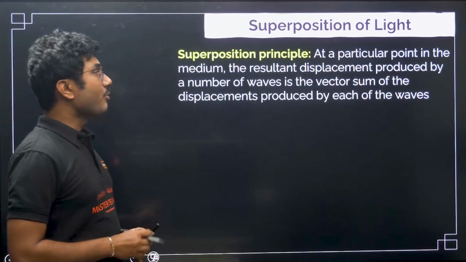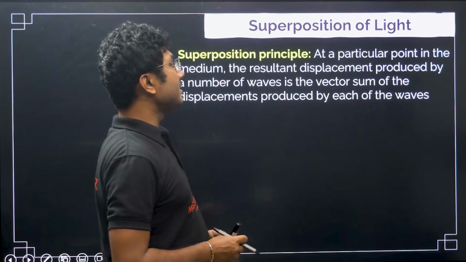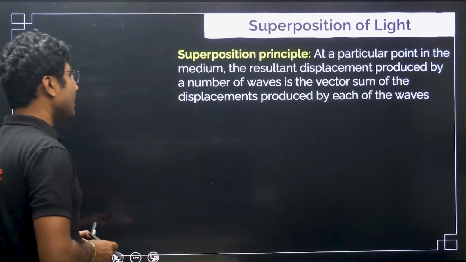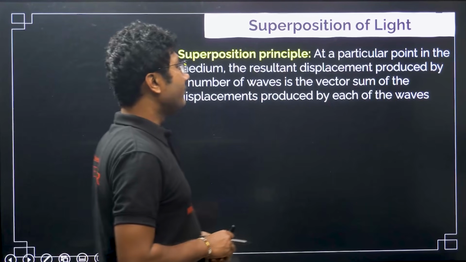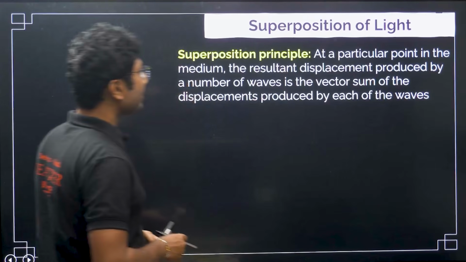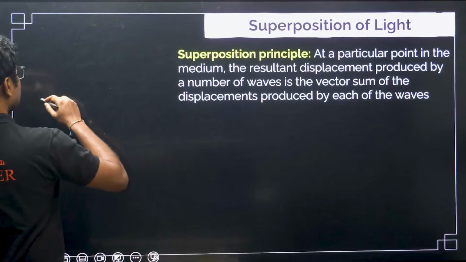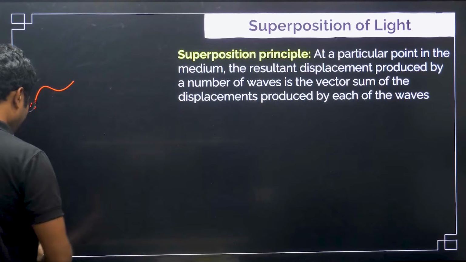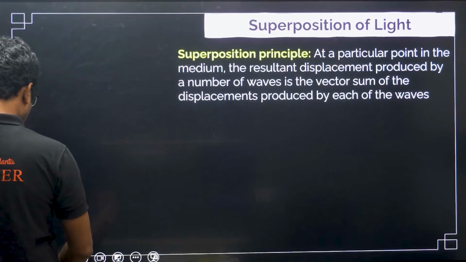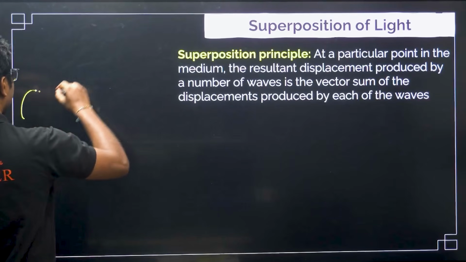Now let's see what is superposition principle. At a particular point in the medium, the resultant displacement produced by a number of waves is the vector sum of the displacement produced by each of the waves. What is the meaning of that? Suppose we have a wave which is traveling.